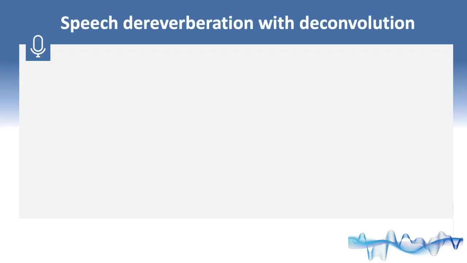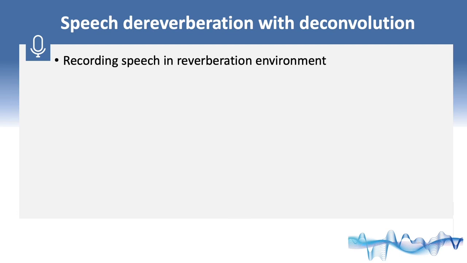In general, the object of a deconvolution is to find the solution of a convolution equation. Consider recording speech in a reverberant environment, where the task is the restoration of speech that has been degraded through the addition of multiple echoes.